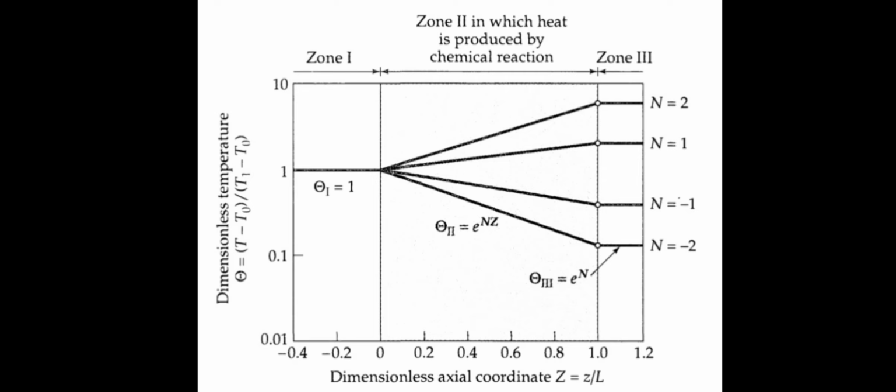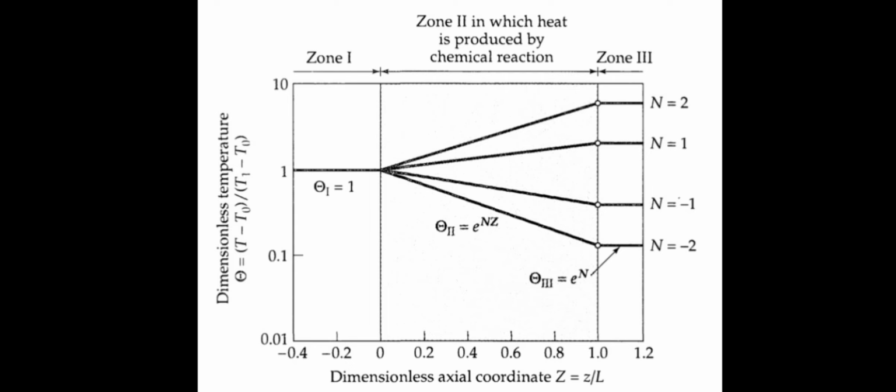This change in slope is consistent with the continuity of heat flux boundary condition and arises due to the potential differences in the effective thermal conductivities between the inert and catalytic zones. Where the effective thermal conductivity is higher, for a given heat flux, the temperature gradient will be smaller, and vice versa. And now the impact of parameter n.